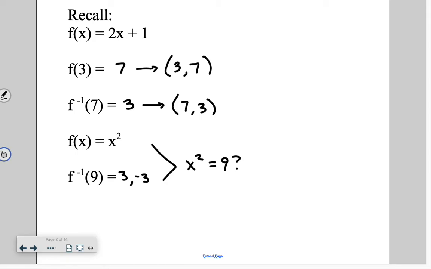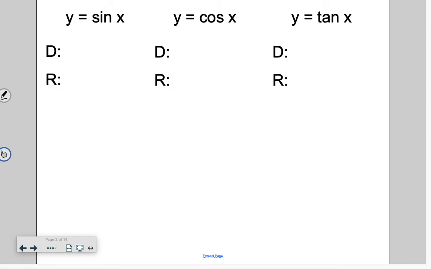Now, one other thing we talked about with inverses was the idea of one-to-one functions, which we'll get into. But let's go to the next slide here. If you take a look at our parent functions for a second. Domain and range.